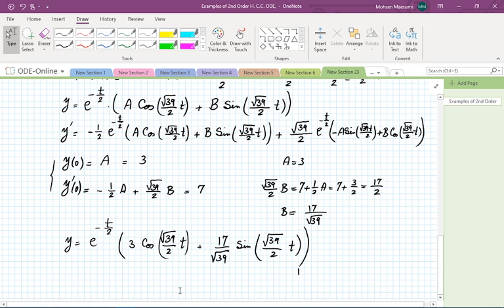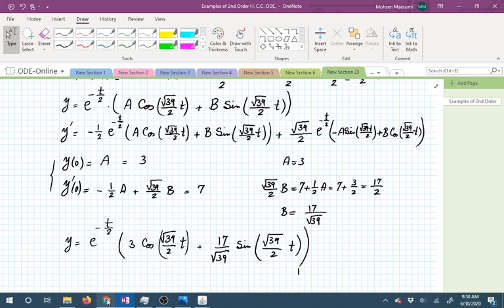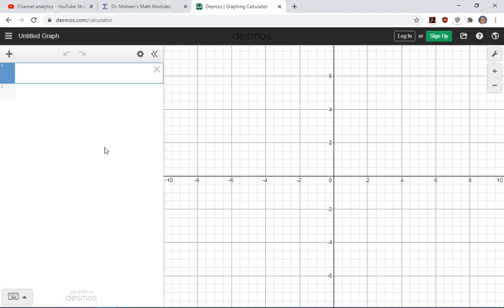So we are going to go ahead, and here's our Desmos. We go ahead and type the function we just got. So exponential of minus t over 2. So I step forward, and then I have 3 cosine of. Now you have to do this thing carefully.